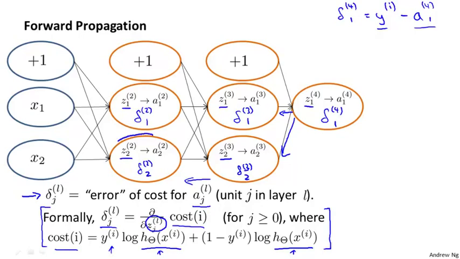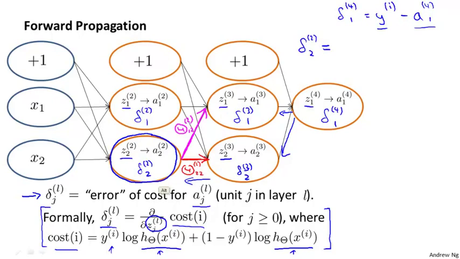So here's what I mean. Let's look at how we end up with this value of delta 2,2. Similar to forward propagation, let me label a couple of the weights. So this weight, which I'm going to draw in cyan, let's say that weight is theta 2 of 1,2. And this weight down here, let me highlight this in red, that's going to be, let's say, theta 2 of 2,2.